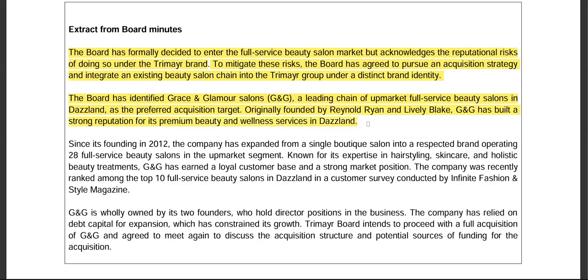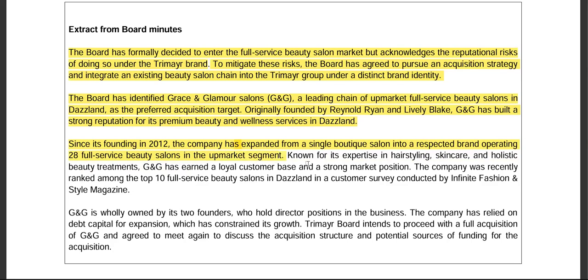So it appears that this is a good strategic fit because they serve the premium or the upmarket segment, and they have a strong reputation in the market. So that goes along with the brand Trimayr has also built. Since its founding in 2012, the company has expanded from a single boutique salon into a respected brand operating 28 full-service beauty salons in the upmarket segment.